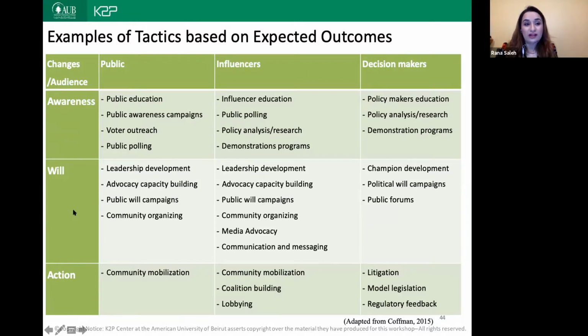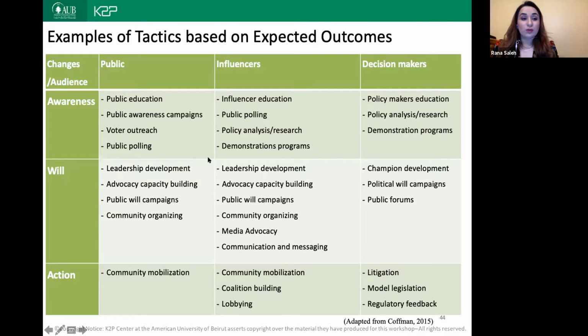Once you find that, you can now know what is the tactic that you want. So those in the boxes in the middle are the tactics. So for example, if you're working on public awareness, then you could have public education campaigns, public awareness campaigns, voters outreach, public polling, surveys sent out to the public. There are multiple ways that you can raise the awareness of the public.